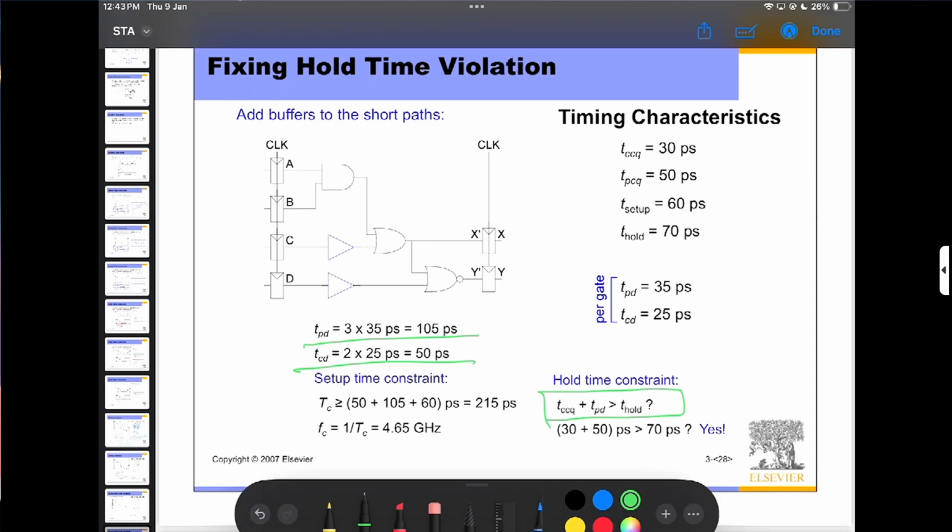But the setup time constraint we don't change. So the hold time can be 50 plus 30, so 80 picosecond. But the setup time constraint you can't change.